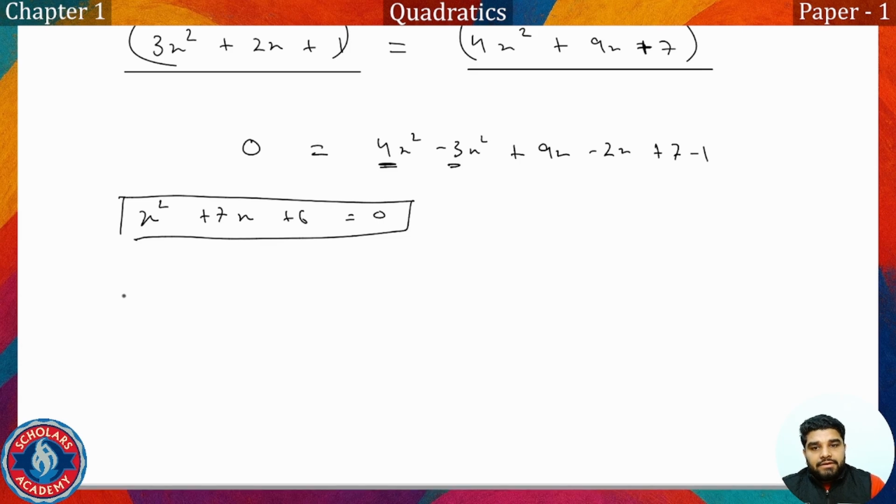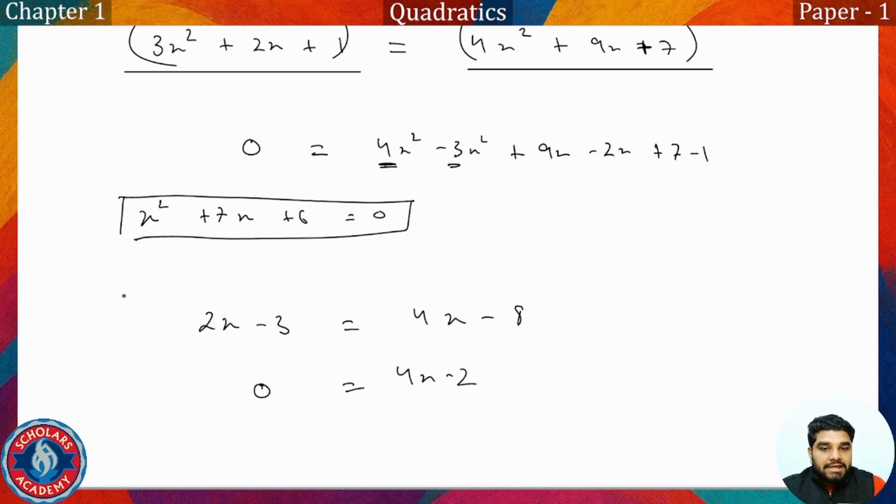And one more thing, if we have a negative over here, so if I say 2x minus 3 is equal to 4x minus 8, right? When I take everything to the right hand side, I will change signs. 4x, this 2x comes to the right hand side, so this becomes negative 2x. The 3 comes to the right hand side, and because it is already negative, negative of negative 3 is positive 3.